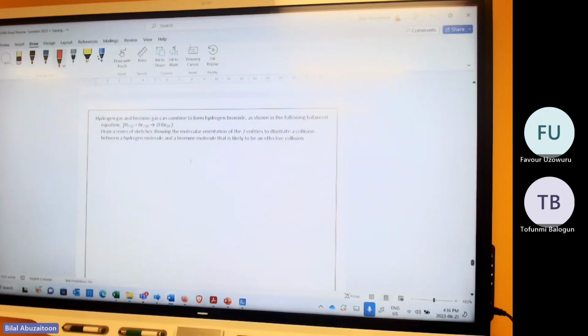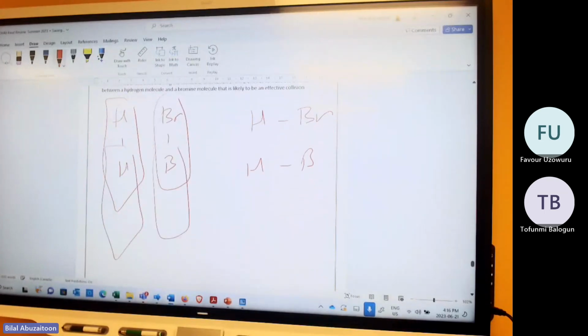We talked about the collision. If you have H2 and Br2 to form 2HBr, this is the correct way of collision.